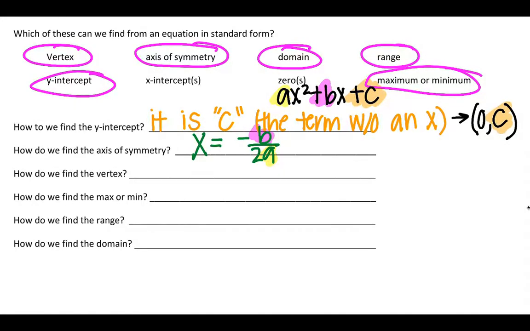You're just plugging in those numbers. Vertex. You use the negative b over 2a, that's your x term. Then you're plugging it back in to this formula. So you take this, plug it back in here, and whatever you get out is going to be that y term. So your f of negative b over 2a. And again, that just means we're plugging it back in.